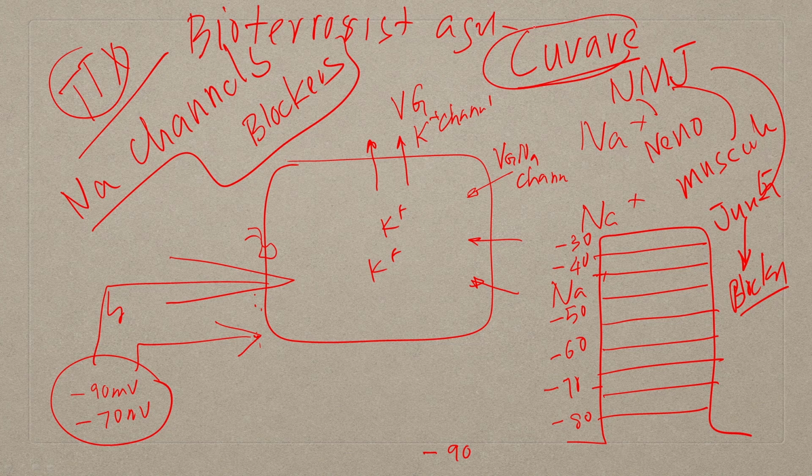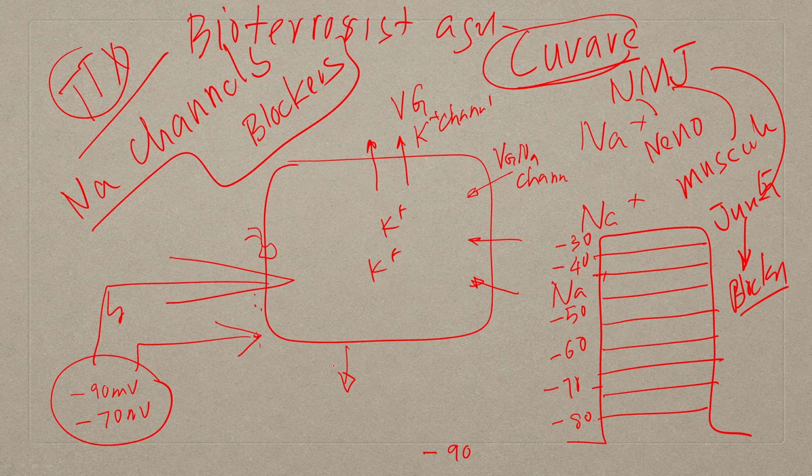Now, how do you test them? That brings us to the very beautiful part of the biosensing. I told you that you can actually study these ion channels by varying the voltage. Those of you who have some background in molecular biology know that you can express these channels using molecular biology tools in larger numbers.